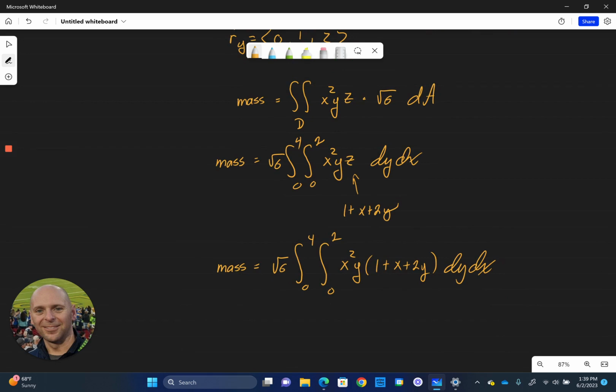We should be able to do this one by hand, but again, if we want to be able to use those computer algebra systems, we could do that as well. The final answer here will turn into about 696.74. And I encourage you to work through that on your own and verify that that's the value you get.